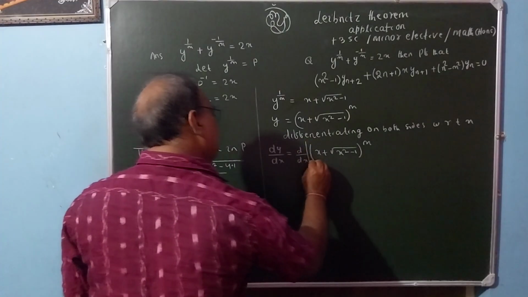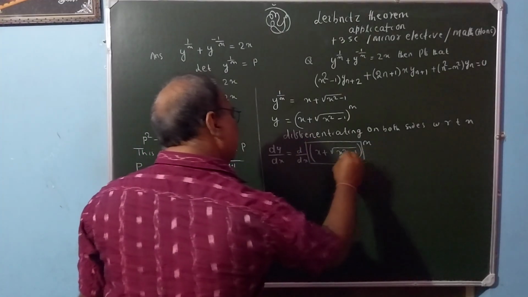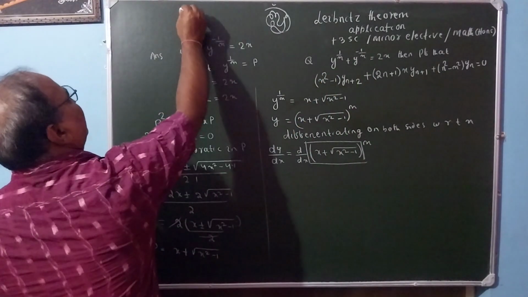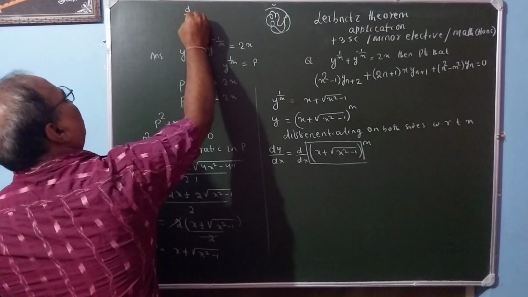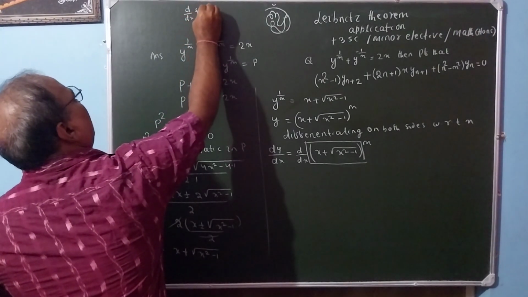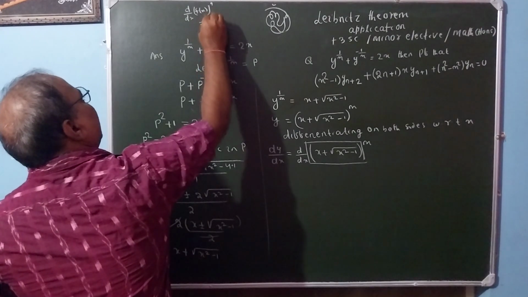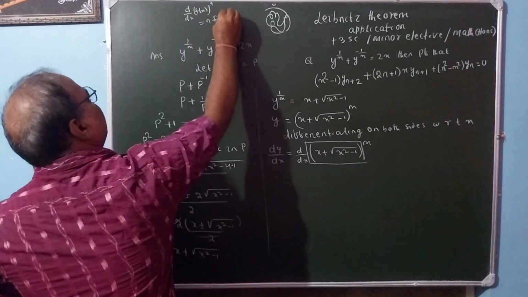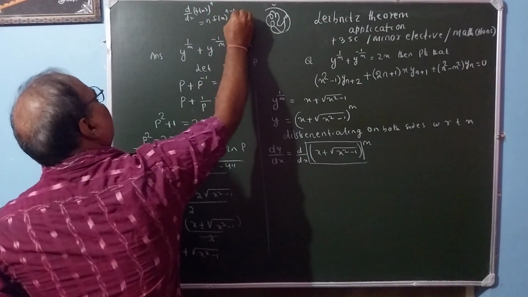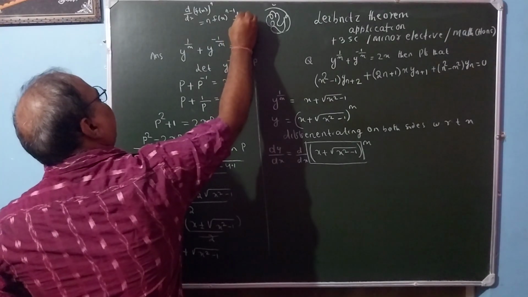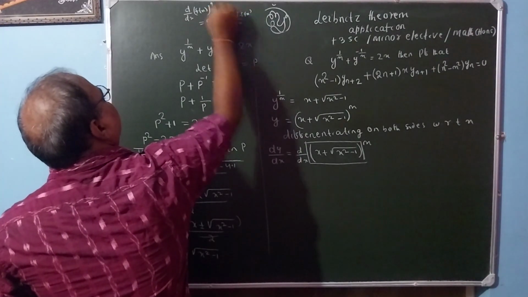Here it is a box to the power m. You know that d dx of f(x) to the power n is n into f(x) to the power n minus 1 into the derivative of f(x), applying the chain rule.